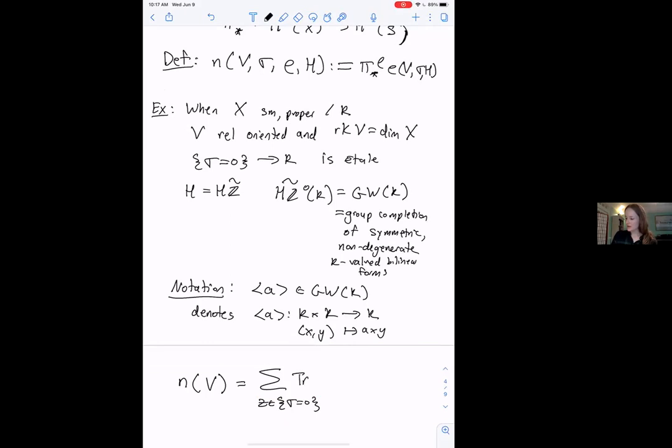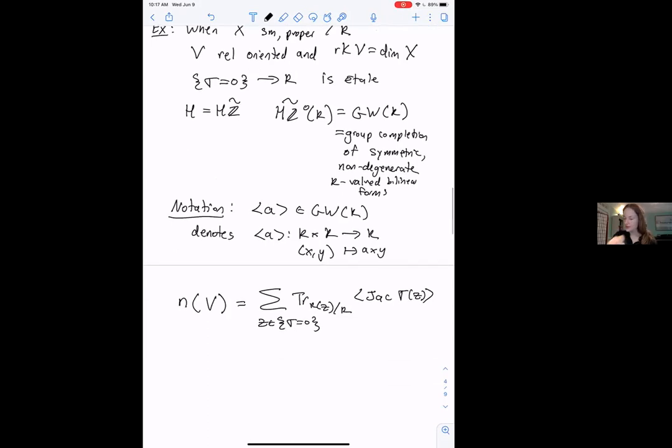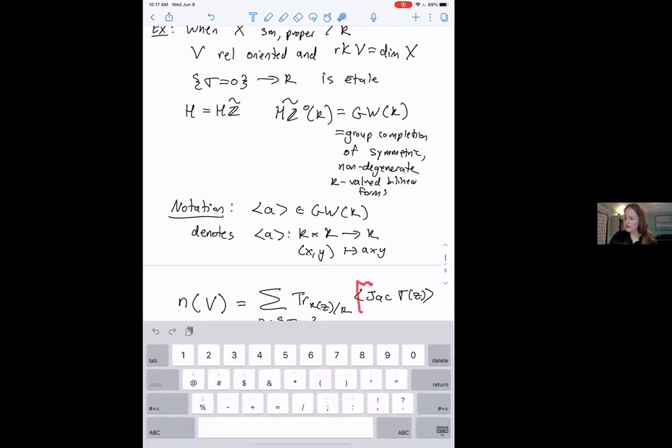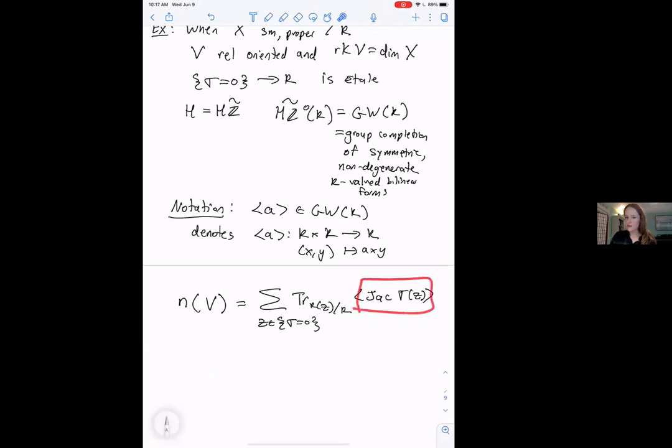That's given by the transfer, which is explicit on GW of K, from the field of definition of Z to K of a Jacobian of our section at Z. So this Jacobian can be computed by taking a determinant of partial derivatives, and we can also see it from the orientation.